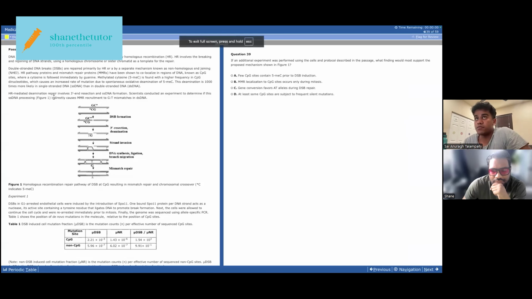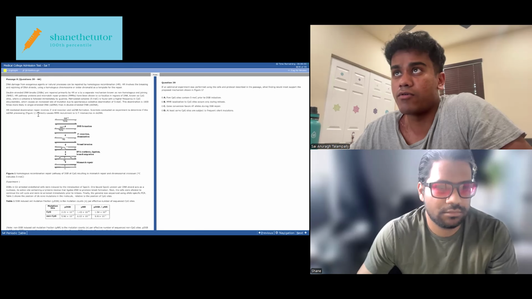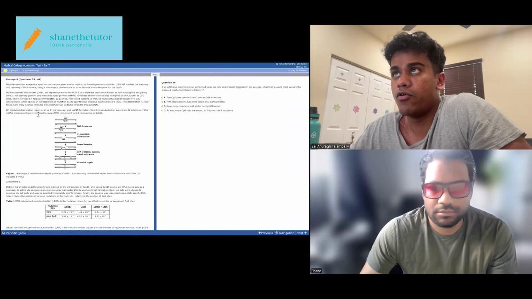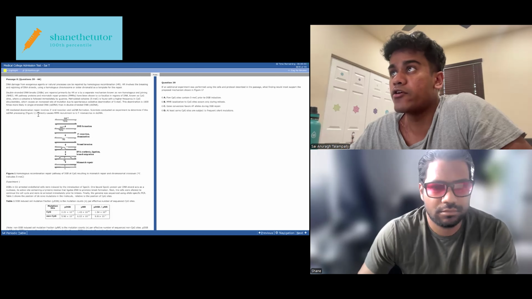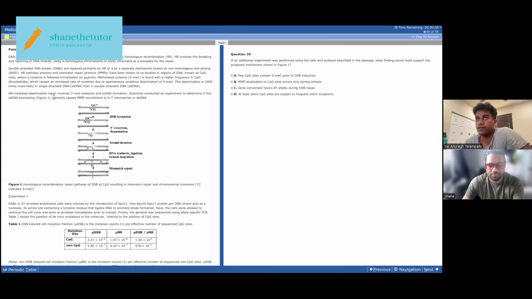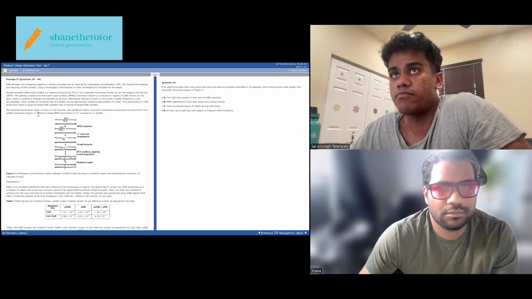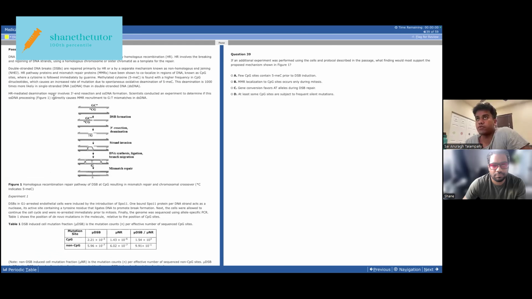Yeah, so HR involves the breaking and rejoining of DNA strands using a homologous chromosome or sister chromatid as a template for the repair. Double-stranded DNA breaks are repaired primarily by HR or by a separate mechanism known as non-homologous end joining, NHEJ. HR pathway proteins and mismatch repair proteins have been shown to co-localize in regions of DNA known as CpG sites, where a cytosine is followed immediately by guanine.